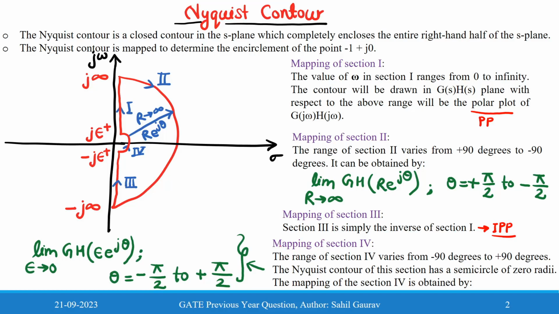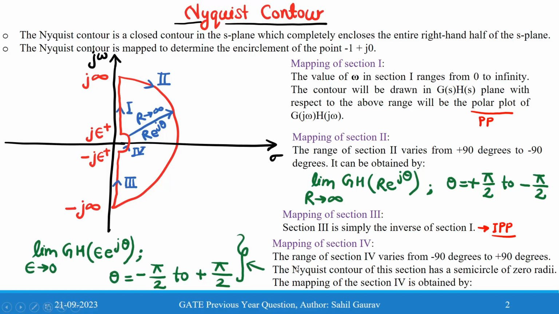Now how are we going to map section 4? For mapping of section 4, we can see that this Nyquist contour has a semicircle of zero radius, and the angle varies from minus 90 degrees to plus 90 degrees, just coming to the starting point.